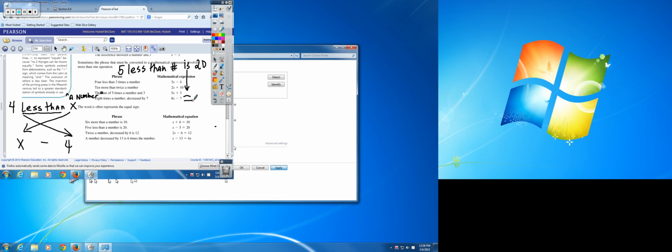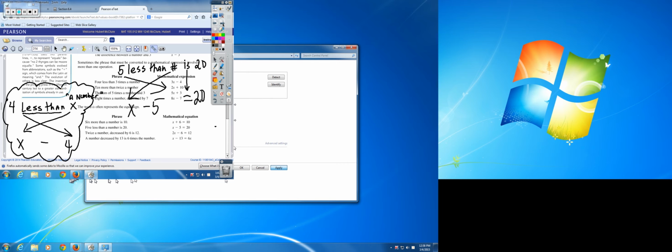Equals. And then crisscross: x minus 5 is equal to 20. So just remember this little rule right here with your less than, and you shouldn't have too much of a problem with the subtraction. That's the one that'll get you.